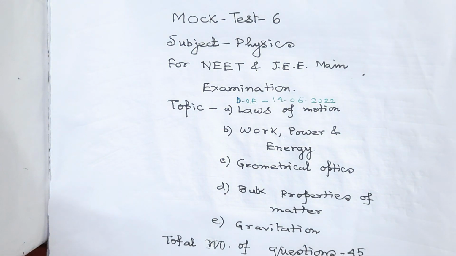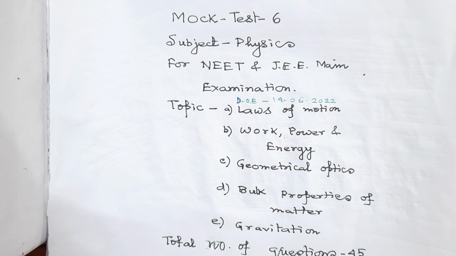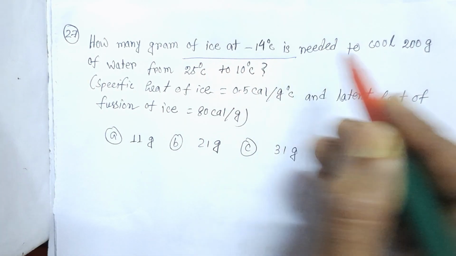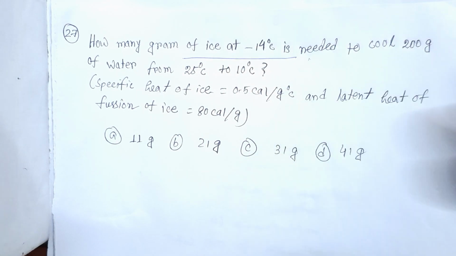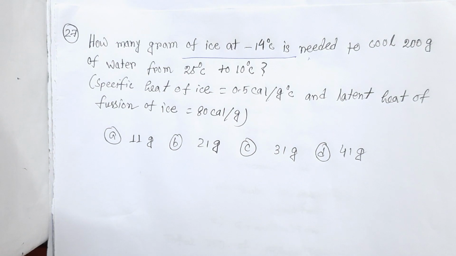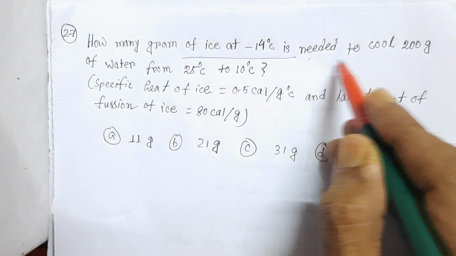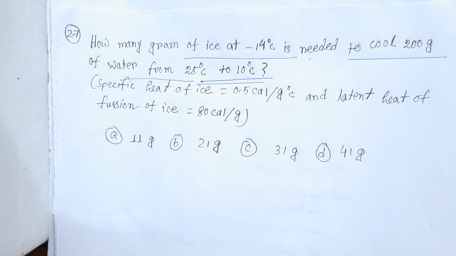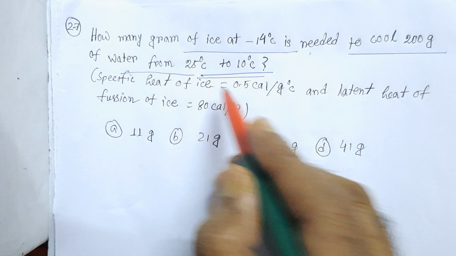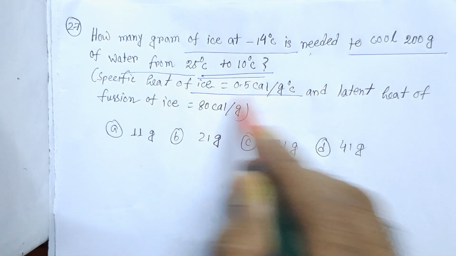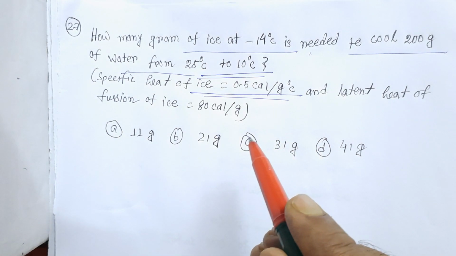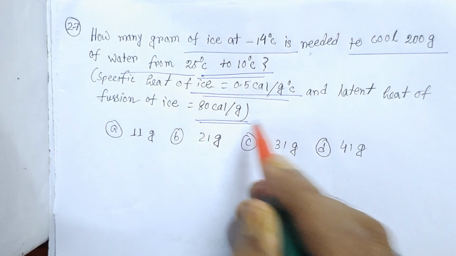Now let us take the next question, that is question number 27. In question number 27, we see how many gram of ice at minus 14 degrees centigrade is needed to cool 200 gram of water from 25 degrees centigrade to 10 degrees centigrade. It is given that specific heat of ice is 0.5 calorie per gram per degree centigrade, and latent heat of fusion of ice is 80 calorie per gram.